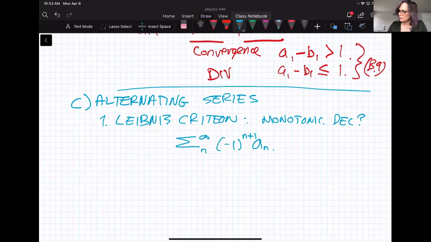Okay. And we're requiring a sub n greater than 0. So if it's monotonically decreasing, and the limit as n goes to infinity of a sub n is 0, then the series converges.